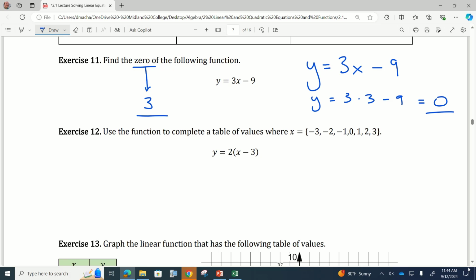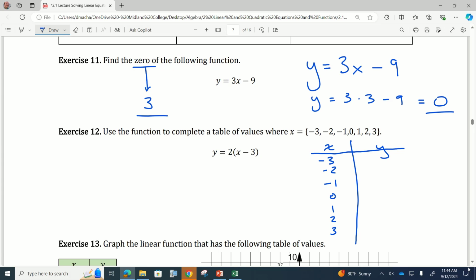Okay, exercise 12 says, use the function to complete a table of values. This is the same thing we've already done, except this time the function is in factored form. So, it's not that different. It's the same idea. You just plug in these values for x in your function and then calculate the y value.